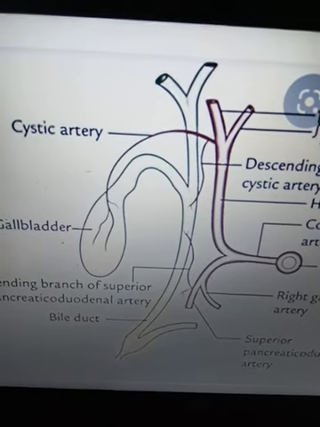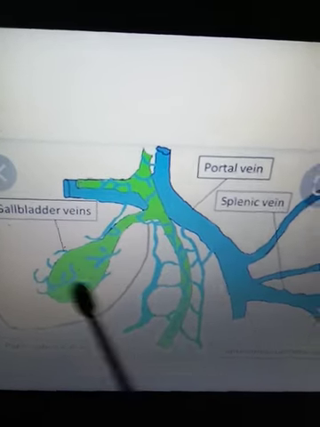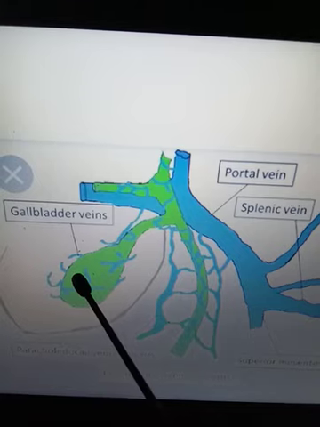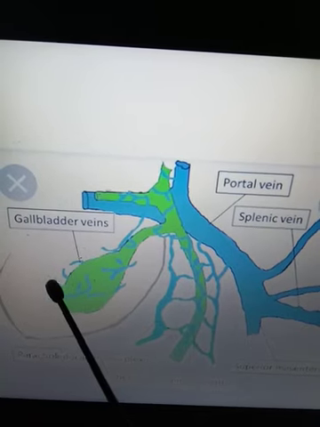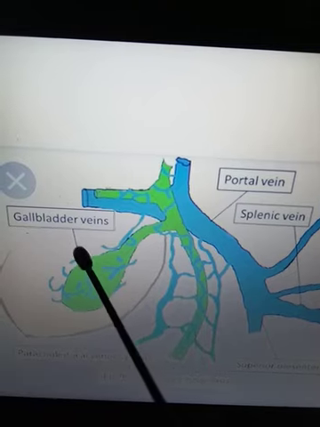About the venous drainage, the superior surface of the gallbladder has veins that drain up into the liver, since the gallbladder is adherent to the liver superiorly.